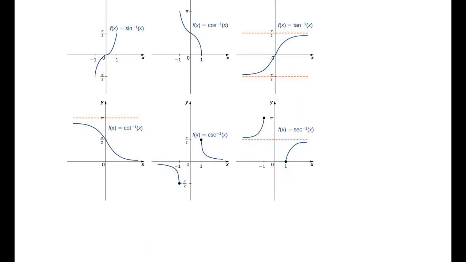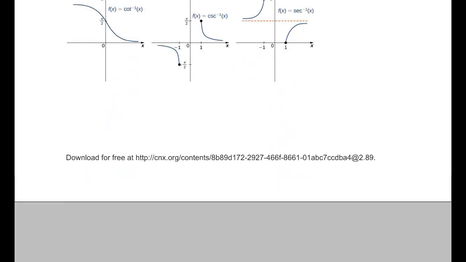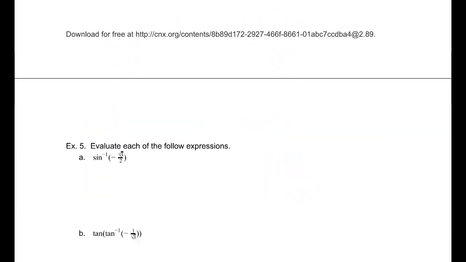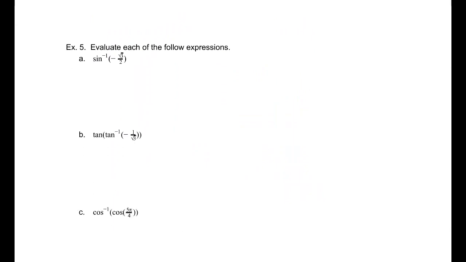Now, what we want to do is evaluate a few expressions. The first is arc sine of negative root 3 over 2. What something like this is really asking is, what is the angle that would produce a sine of negative root 3 over 2?